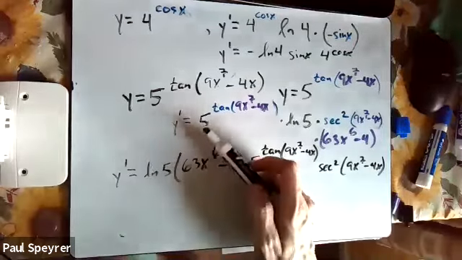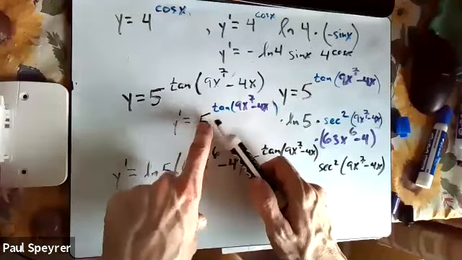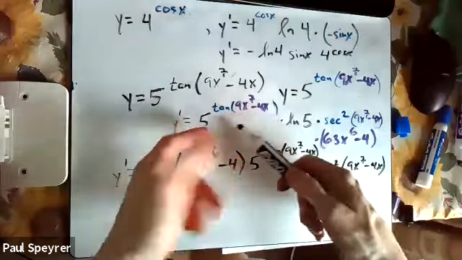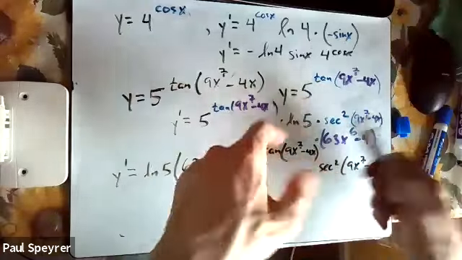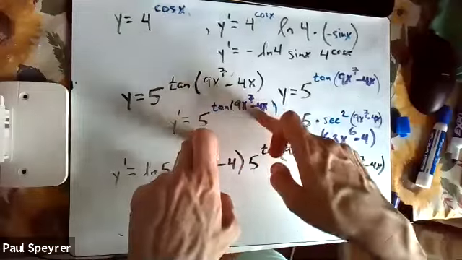As you can see, you always start with the outside with the chain rule. So you derive that, you leave everything else alone, and then you keep working your way in until you've derived every single chunk. It's always from the outside to the inside chunks.